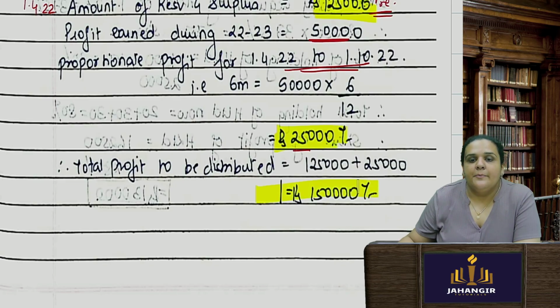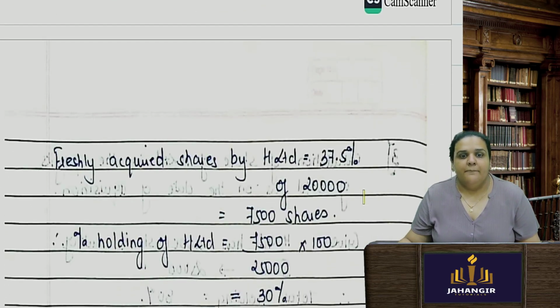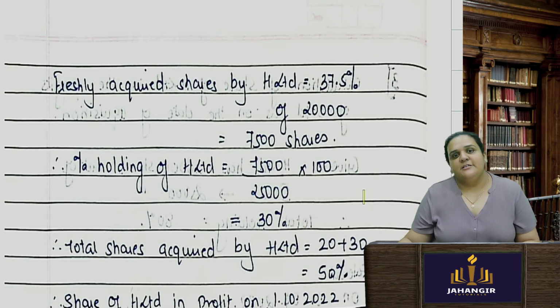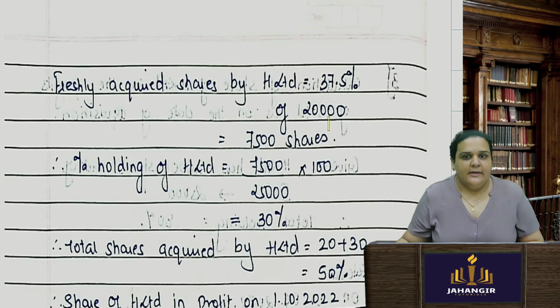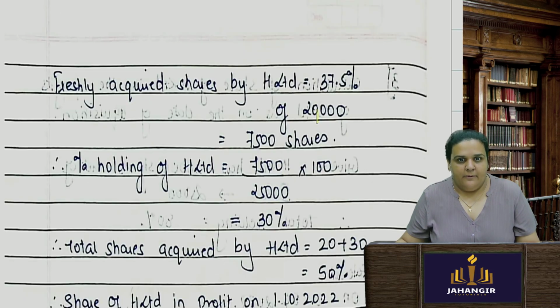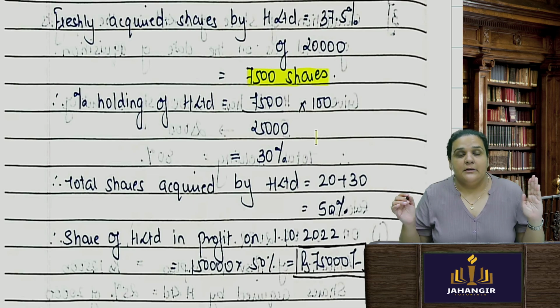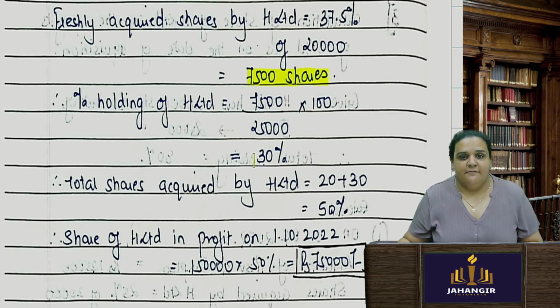So total rupees 1,50,000 I will have to treat. Okay. How much is the freshly acquired shares by H Limited? 37.5% of 20,000 shares. Okay, we just did that, 7,500 it will be. So 7,500 shares. So percentage holding, 7,500 divided by total of S 25,000, that is going to be 30%.